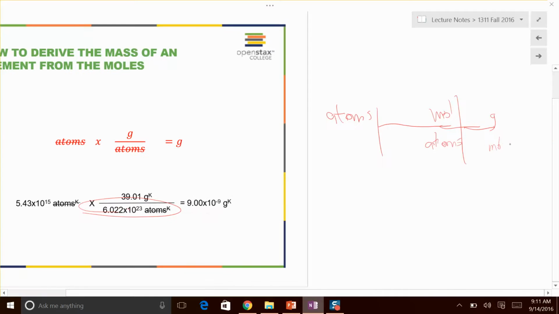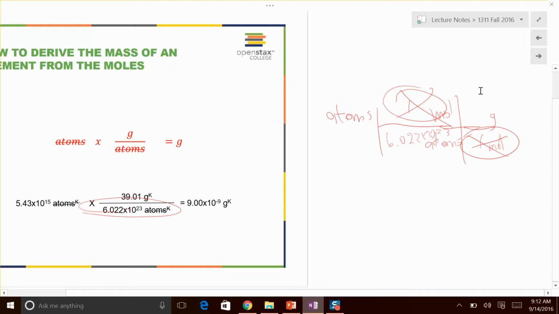Here the moles would be 1 anyways, and the atoms would be 6.022 times 10 to the 23rd. You would have your grams divided by your atoms in any case, because the moles are 1 mole, they just cancel anyways. So it's an extra step that you don't need to do. If you understand it that way, then do it, but you don't need to.